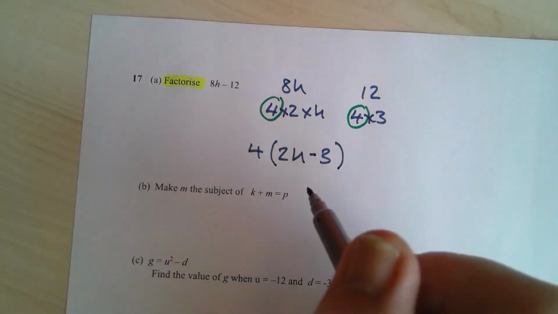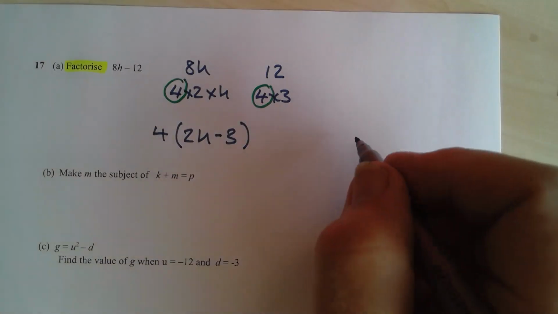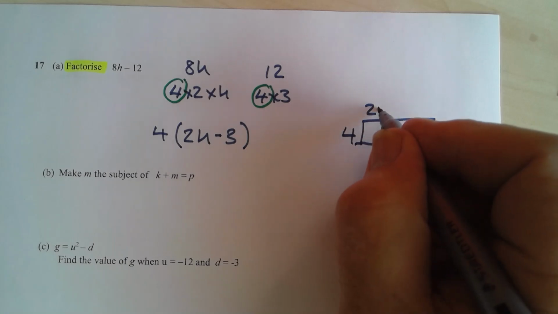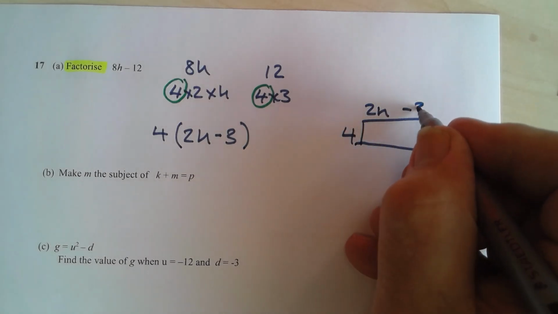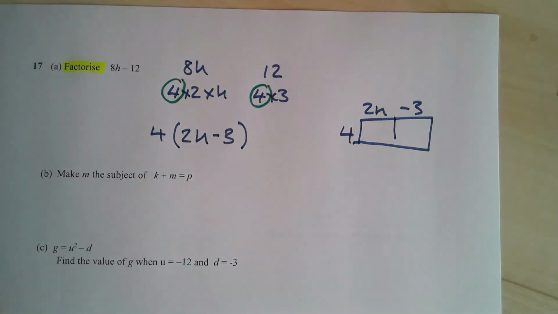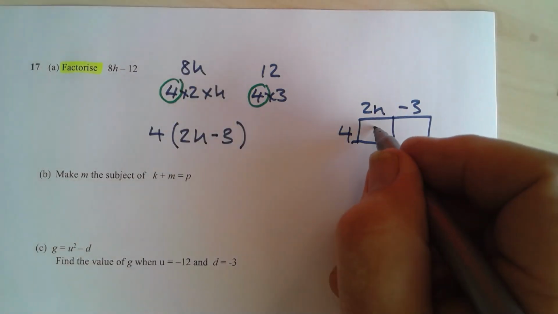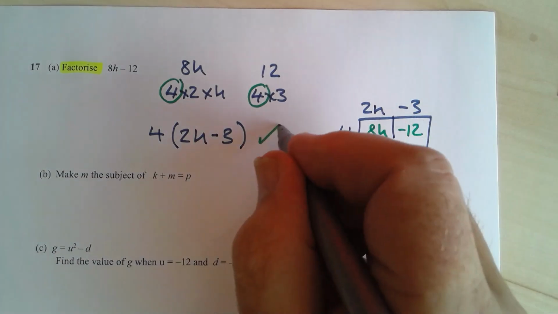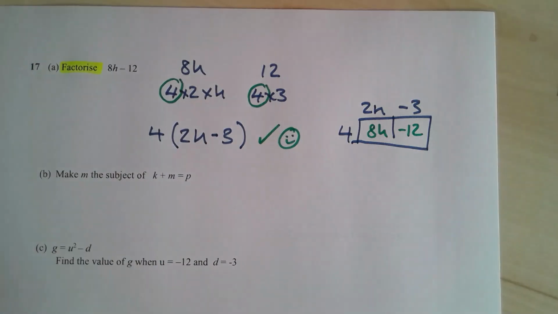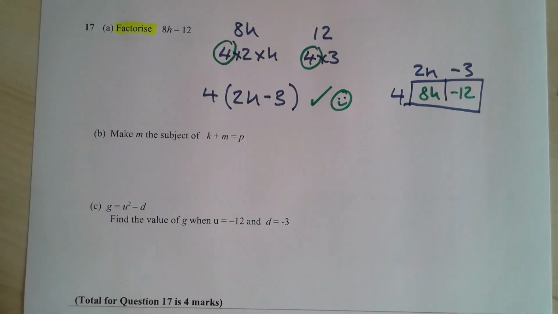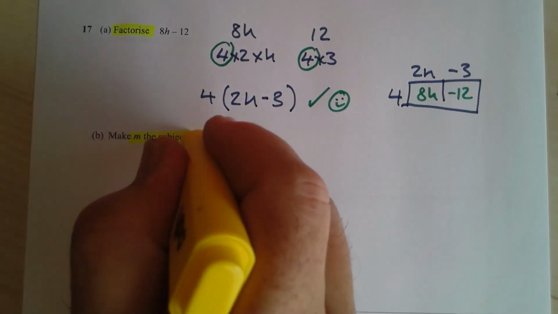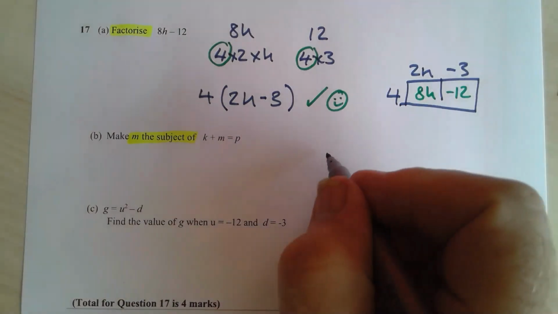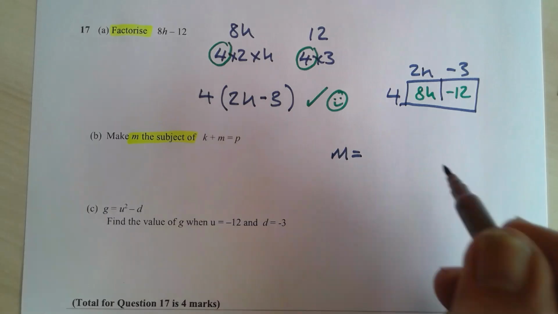Now that I've done that, I'm just going to quickly check by expanding the bracket. Four times 2h is 8h, 4 times negative 3 is negative 12. I'm happy because I've checked my answer. Now the next question tells me to make m the subject, which means I need to end up with something that says m equals.